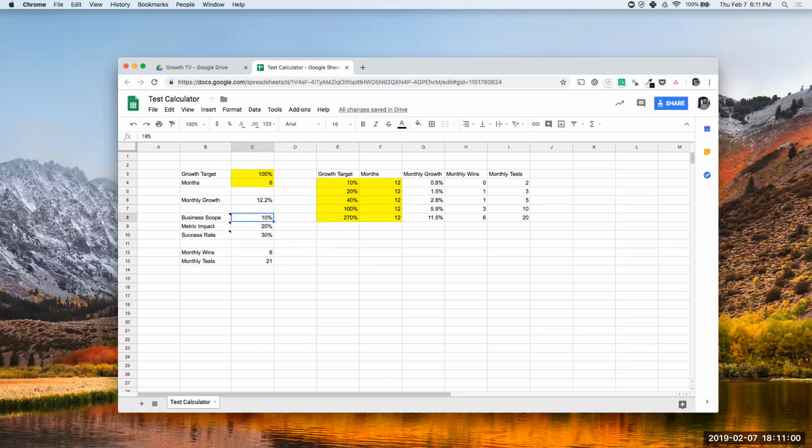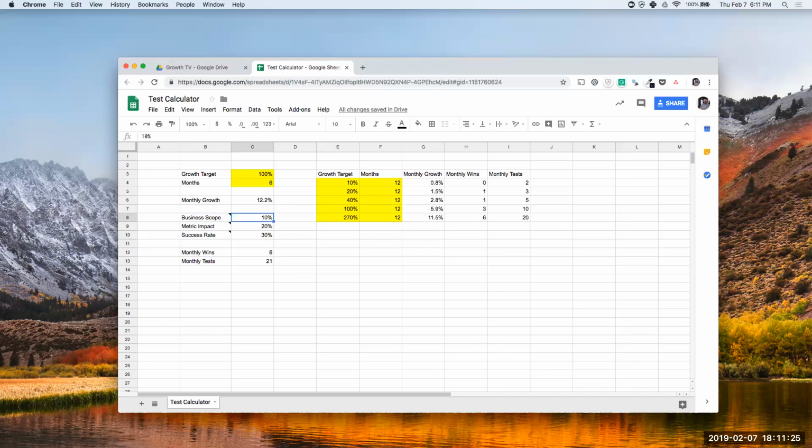If, for example, you are testing on the homepage and running a CRO experiment, and it improves homepage performance by 50%, how much of your total conversions come from people who land on the homepage? If it's 10%, then that's your business scope.